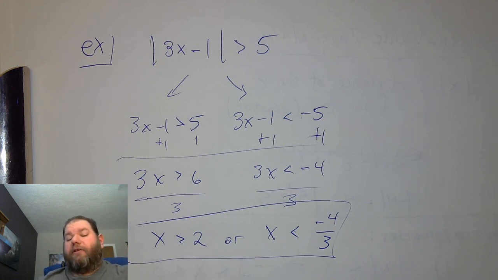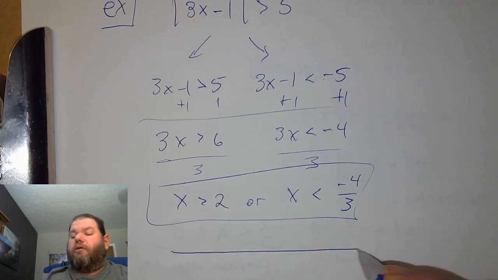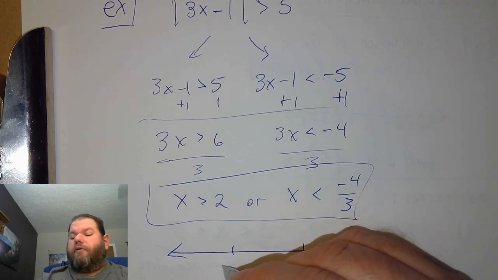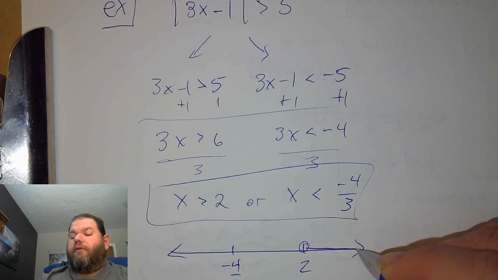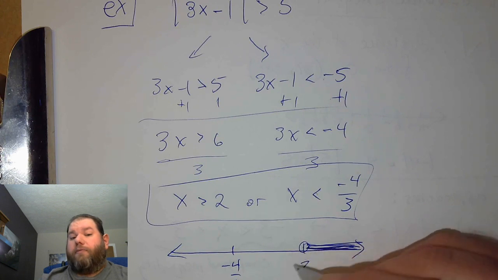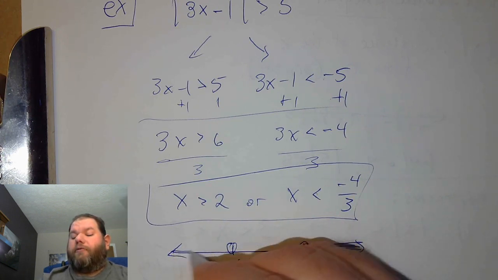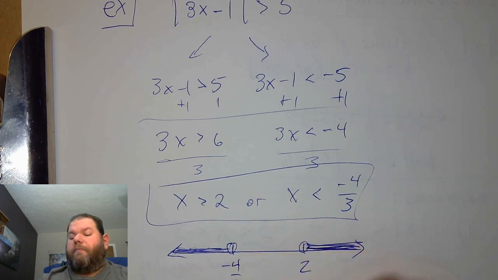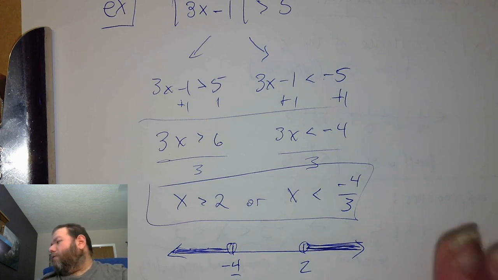Now when we plot this on a number line, here's our 2, here's our negative 4 over 3. So it's just greater than 2, which is everything to the right, but with an open circle. And less than negative 4/3 means, again, we have an open circle, but now everything to the left from there.